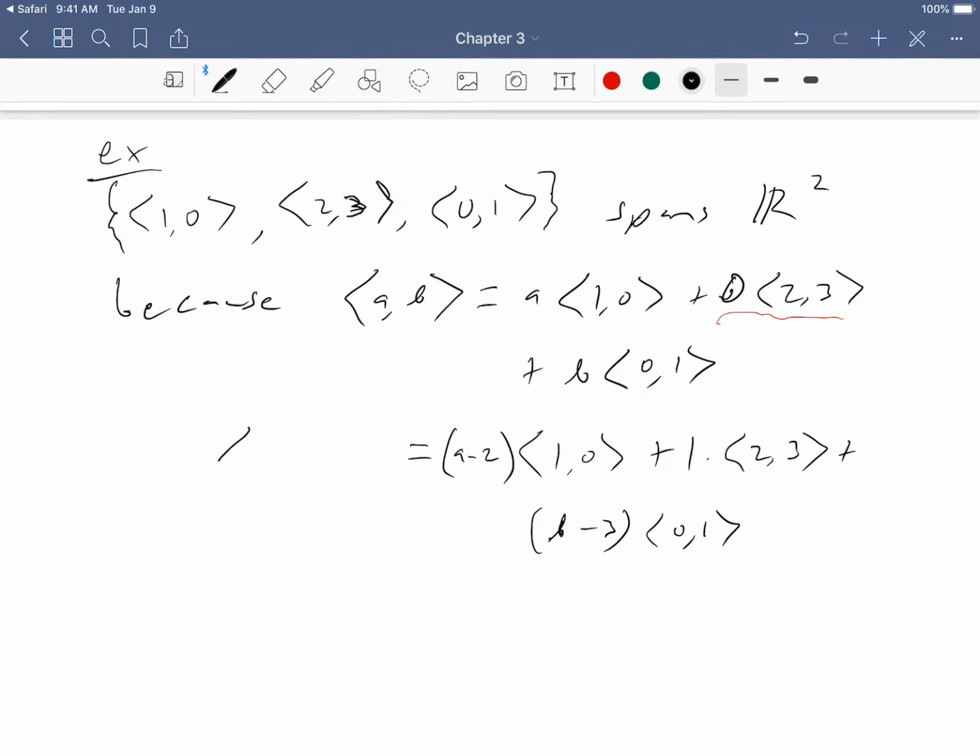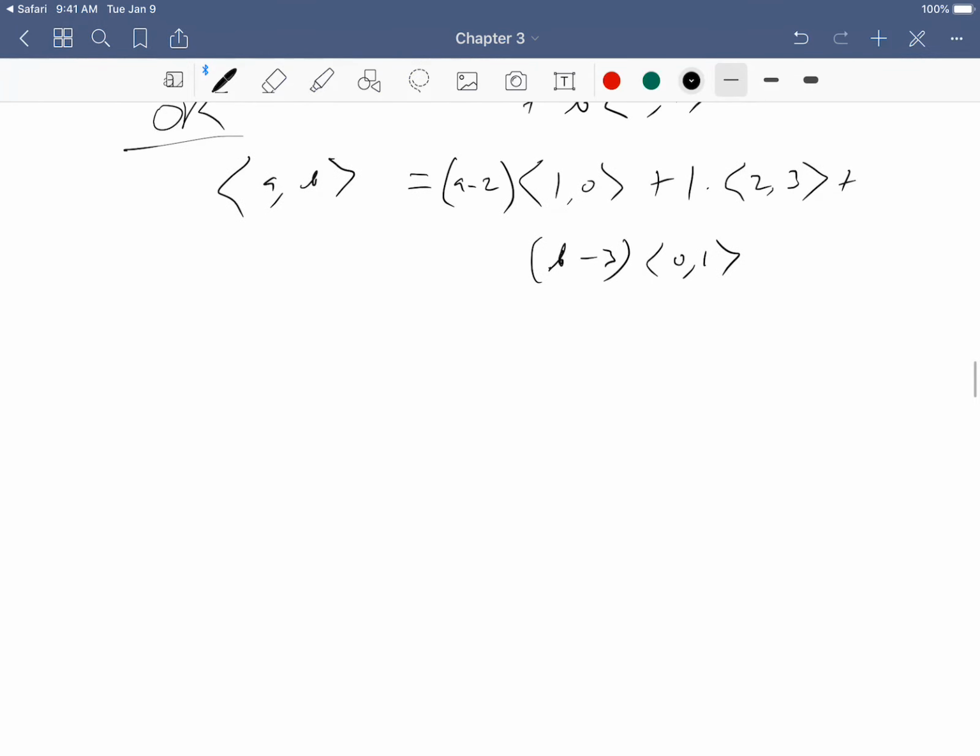So this is just showing a different way that I could write (a, b) if I wanted to. You might have caught on that I could do that a lot of different ways. There are plenty of ways I could make that work, and that's a little different than the ones up above. All right, let's try a non-example.